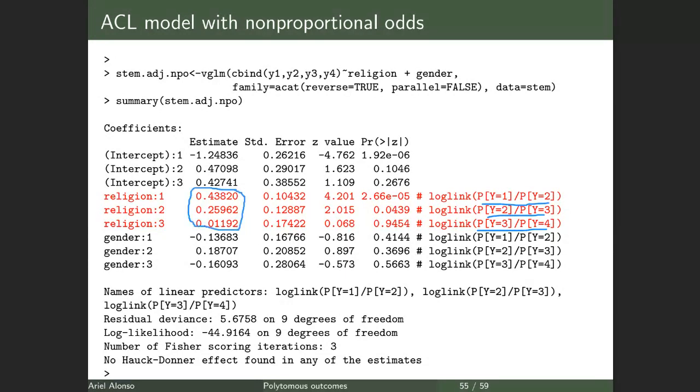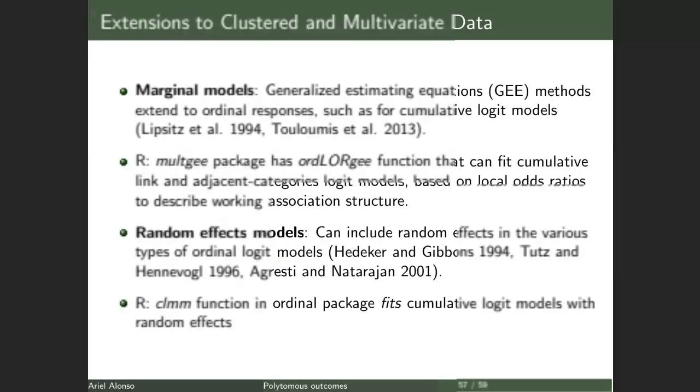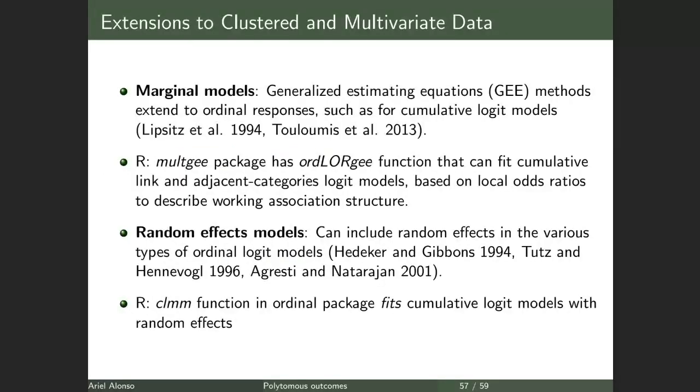Yeah, they don't look that extremely different. You could test this model, and then you get the same three different coefficients now for gender. For the three logits, you get different coefficients. And if you compare the two models, so the non-proportional model with the proportional model, you get a p-value that is non-significant. So this is it.